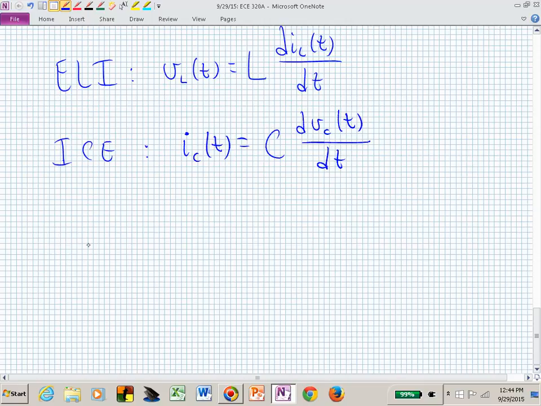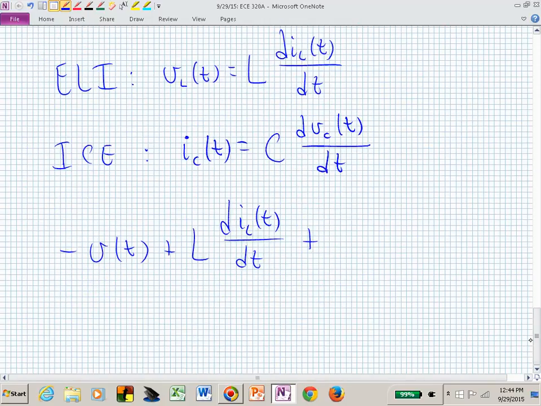So let's now say that we have minus V of t plus L di sub L dt plus V sub r, which is R times I sub L of t, plus V sub c of t is equal to 0.